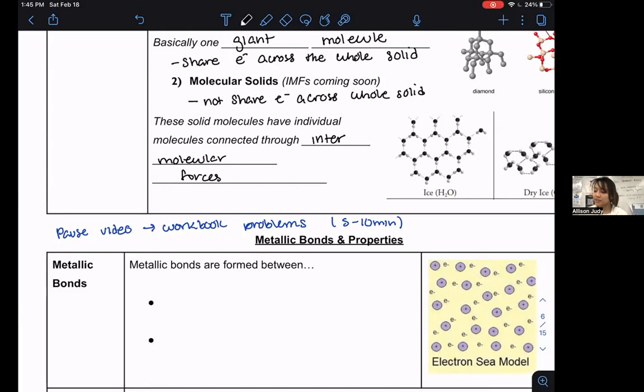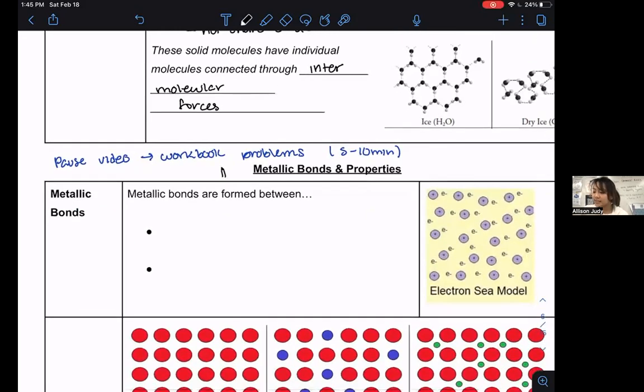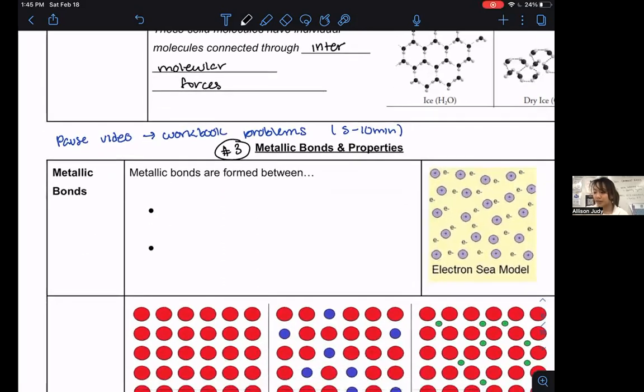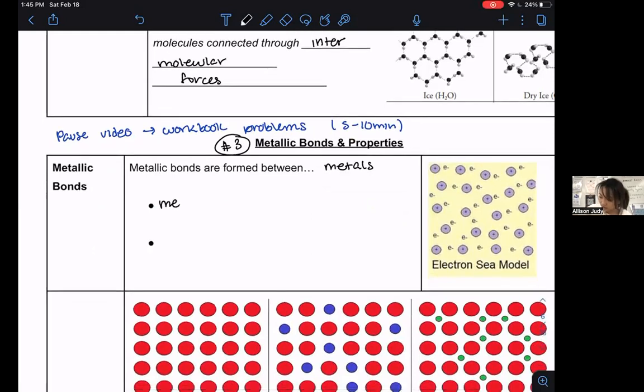Let's go ahead and move on to type number 3. This is the easiest type of bonding to understand, because metallic bonds are formed between metals and only metals. What happens here is that the metal atoms create a shared pool of electrons, and we call this shared pool of electrons a sea of electrons.